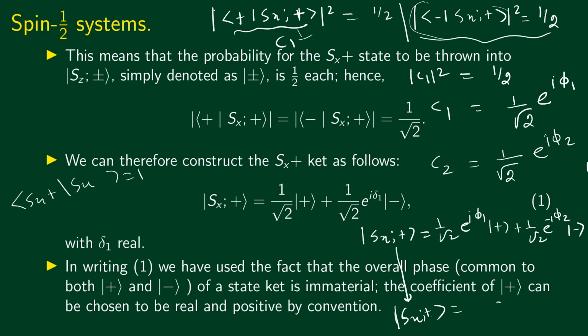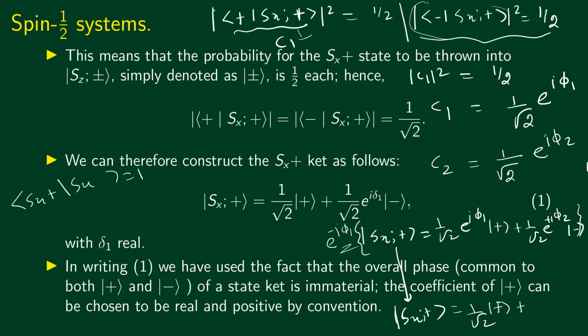So I choose to absorb the pure phase factor e raised to minus I phi 1 on both sides. This means that Sx plus can now be written as 1 by root 2 ket plus, because e raised to I phi 1 multiplied by e raised to minus I phi 1 becomes 1, and here I will have e raised to minus I phi 1 multiplied by e raised to I phi 2.